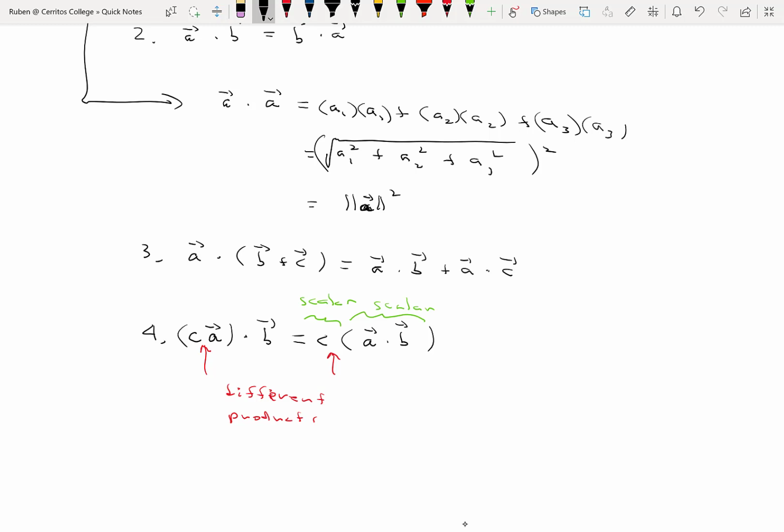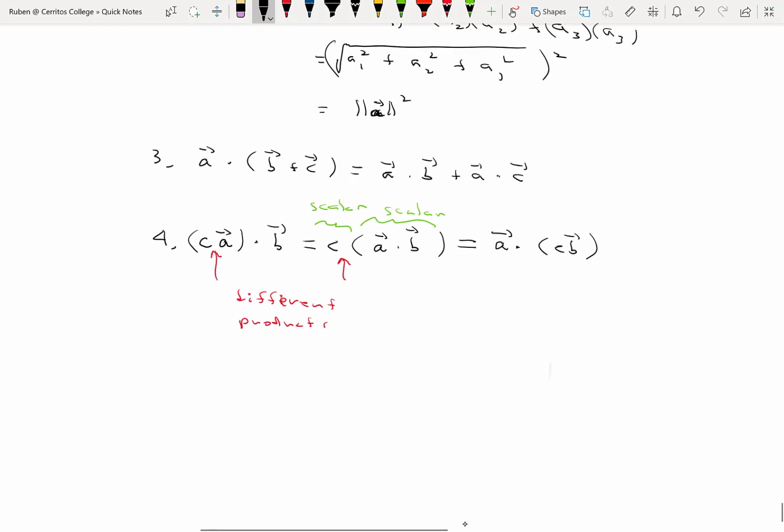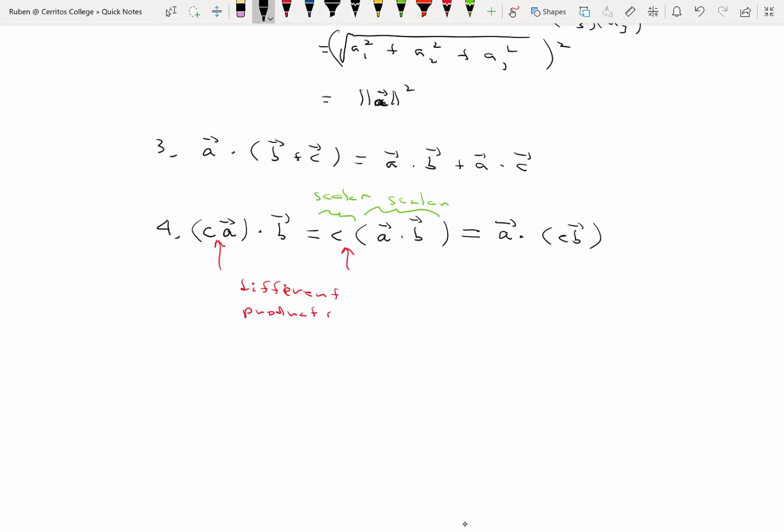There's a third part of this. This property also says that I can move the constant to B and then take the dot product. I can multiply B by the scalar C and then dot that with the vector A.